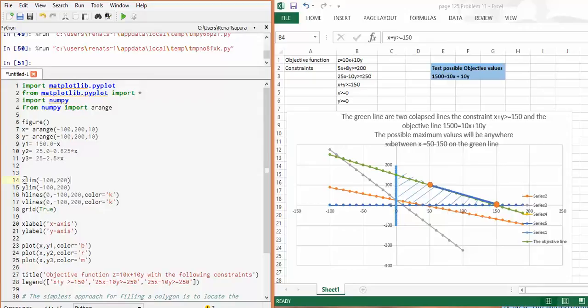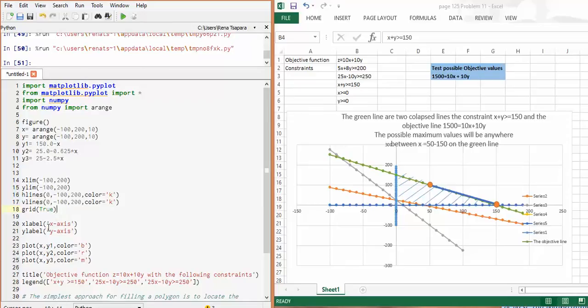The horizontal lines, hlines, basically define that the horizontal line is going to run from negative 100 to 200 and will have color black. The vertical line is the same, this is the y-axis, from negative 100 to 200 and will be colored black. Grid is true. This means that the intermediate lines of the Cartesian plane will show on our graph, so it will be a grid. If it's false, then it will be blank.